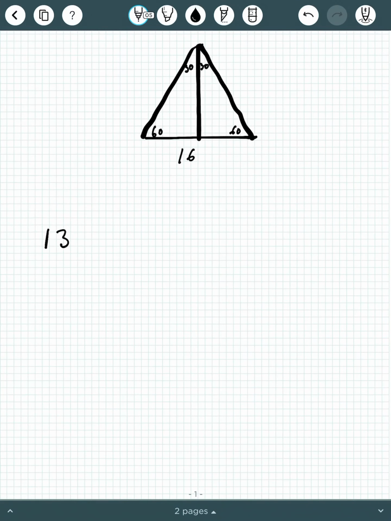So if we know the volume of the large is 138 cubic inches, and the small one has dimensions that are linearly half the size, well, that means that we take that scale factor of 2 from small to large, and we cube it to work with volumes. So 8 multiplied by the volume of the small figure is going to give us the volume of the large one. From there, we can just divide by 8.